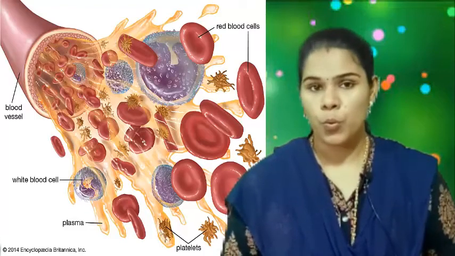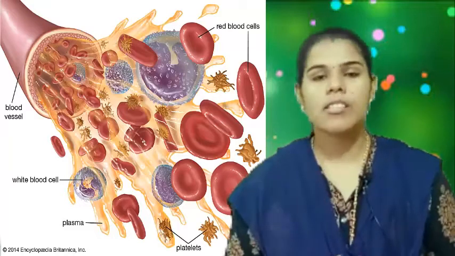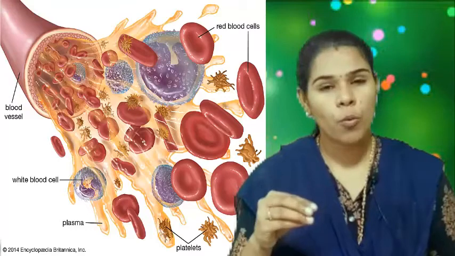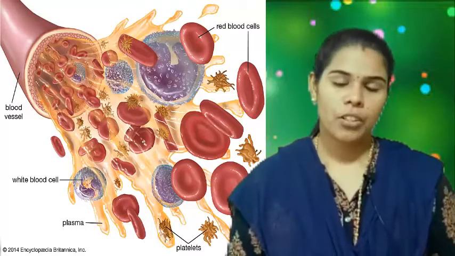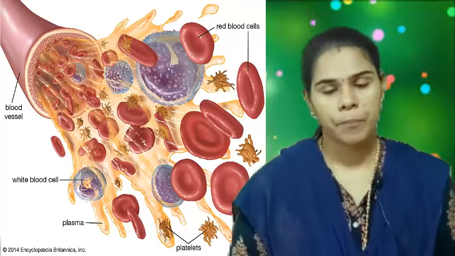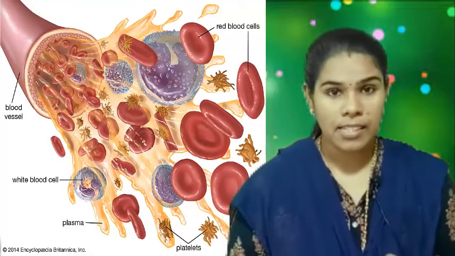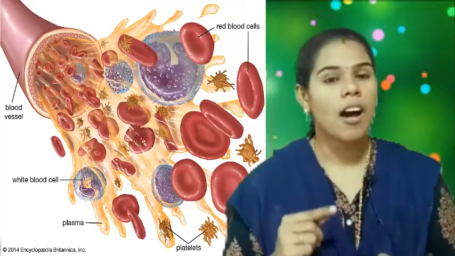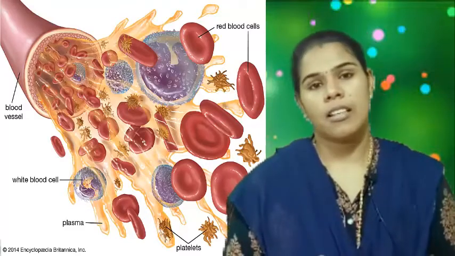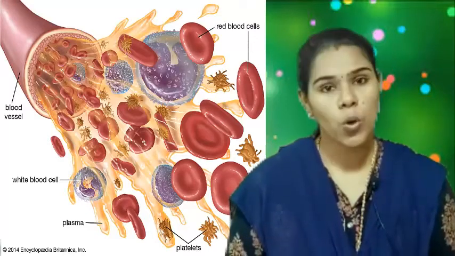Once again, let's remind ourselves of all the points. Inside the blood we can see a fluid-like matrix called plasma, in which we can see red blood cells, RBC. RBCs are red in color because of the presence of hemoglobin.